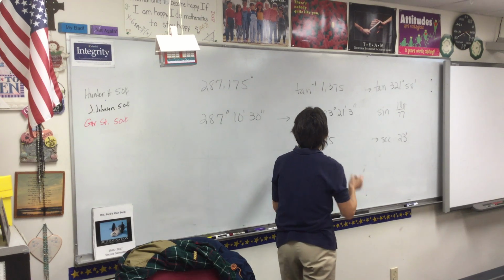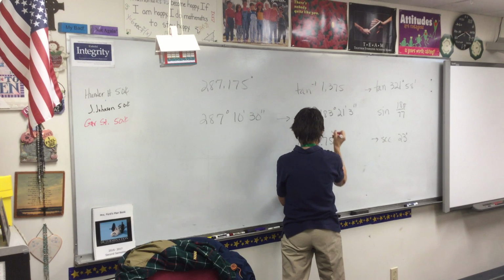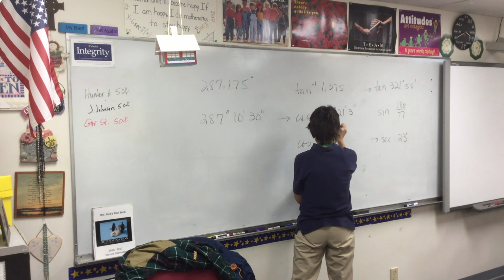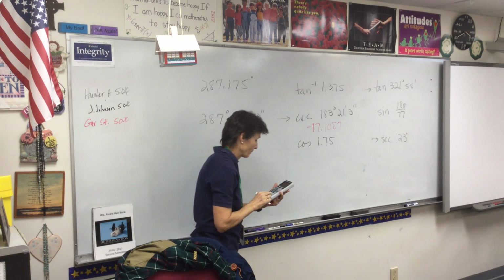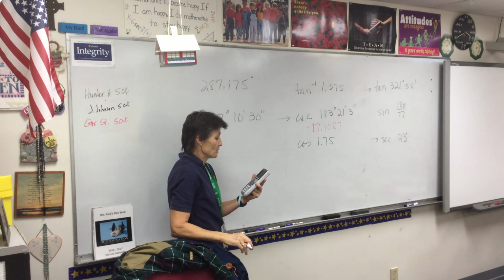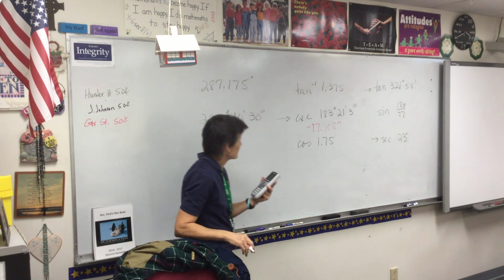Oh gosh, I got negative 17.1087. I need to check one thing. Yeah, that's right. Is that what you got? Negative 17.1087, rounding to the nearest 10,000.